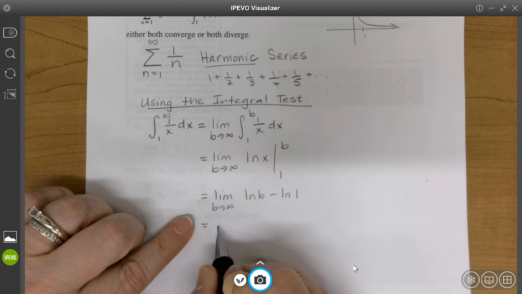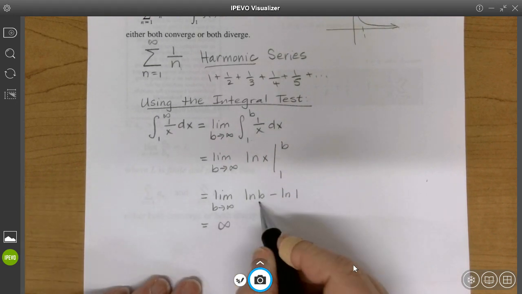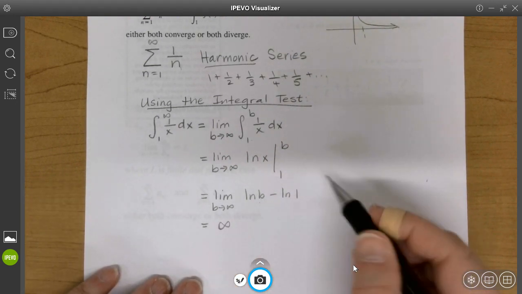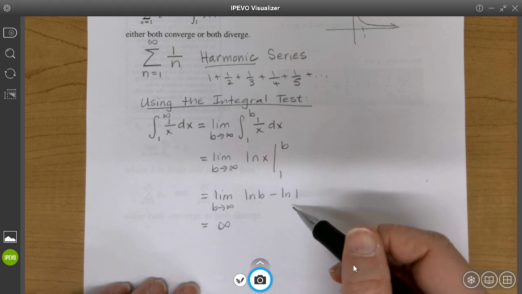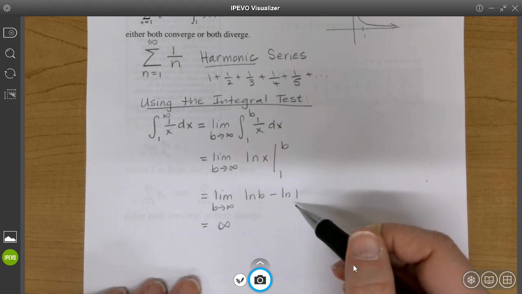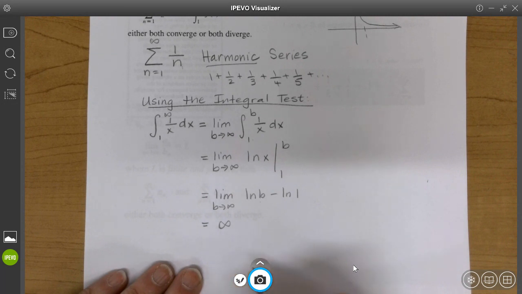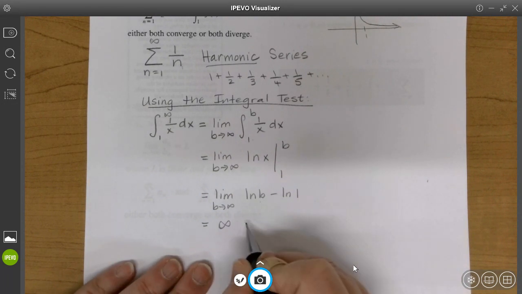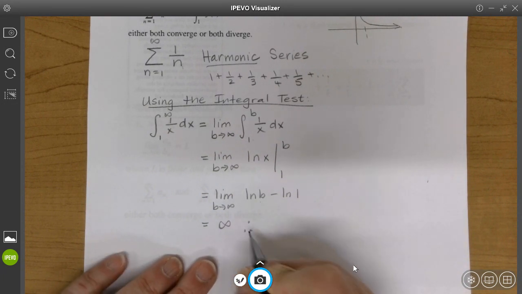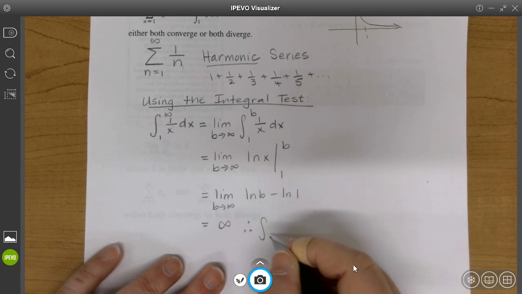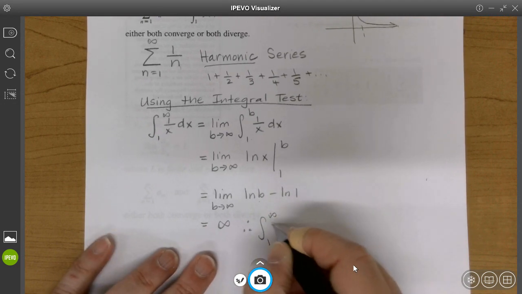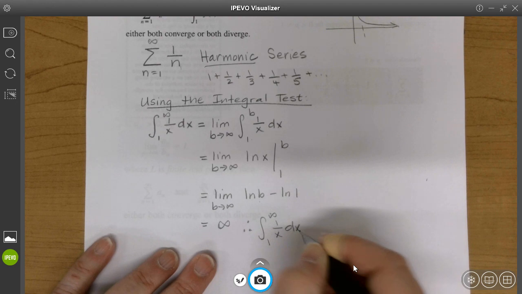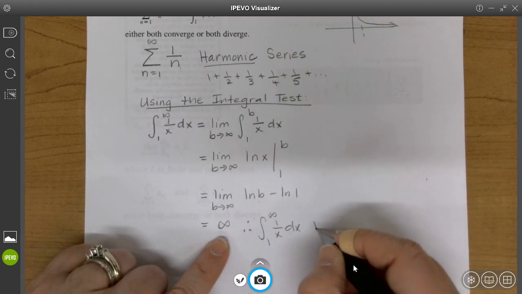Okay, so this goes to infinity because the natural log of b is infinity as b goes to infinity. And the natural log of 1, as we know with our properties of logs, is 0. So we can make a conclusion here that we can say, therefore, the integral from 1 to infinity of 1 over x dx, since it goes to infinity, diverges.